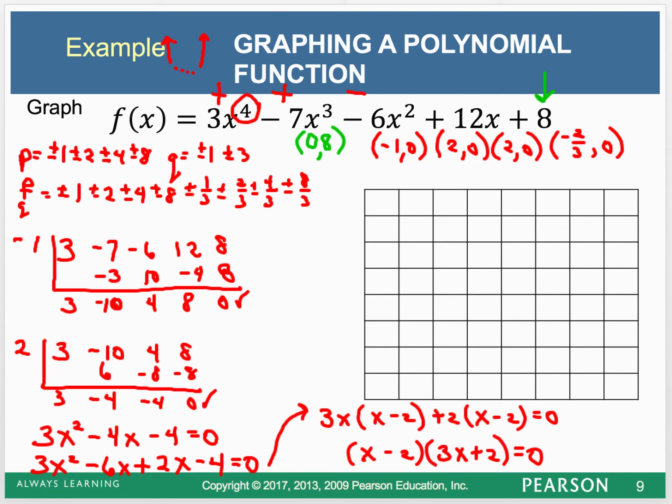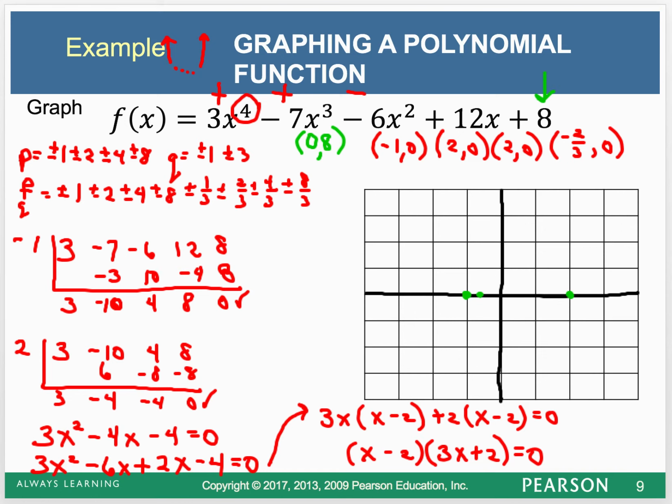Okay, so let's plot those points. Negative 1, 0, 2, 0, 2, 0 with multiplicity, and negative 2/3, 0. All right, and then I have 0, 8.